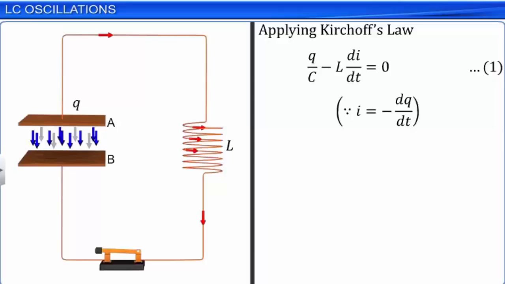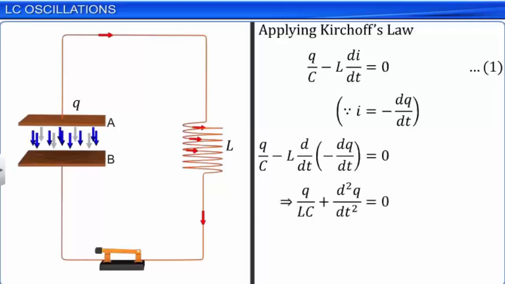Equation 1 now becomes Q/C minus L d/dt of minus dQ/dt is equal to 0. This can be written as d²Q/dt² plus Q/LC is equal to 0. Let this be equation 2.